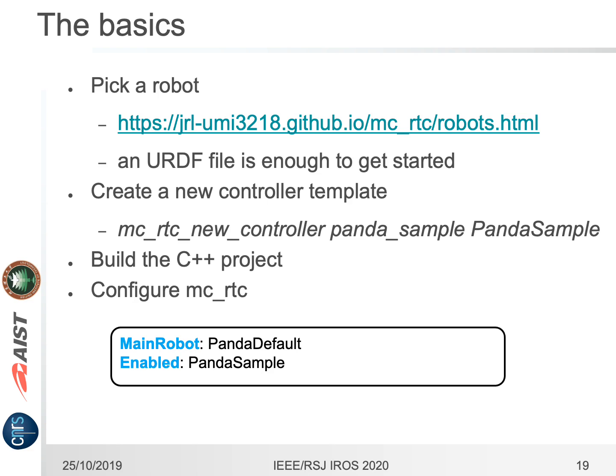See later Anastasia Bolotnikova's talk in this workshop where she will introduce a complete MC-RTC robot integration. Then create a controller template and build the empty template. Configure MC-RTC to run it. For instance, let's assume the main robot as the default Panda and enable the Panda sample controller already available for everyone interested.